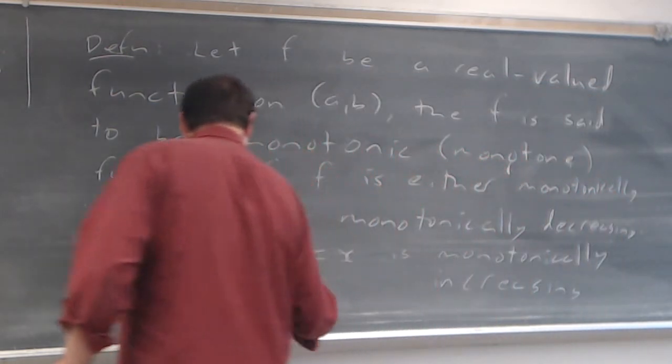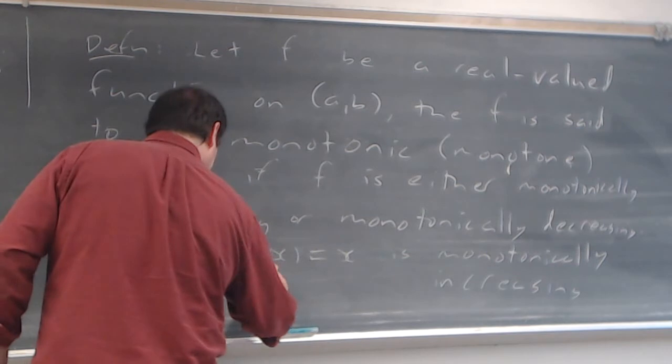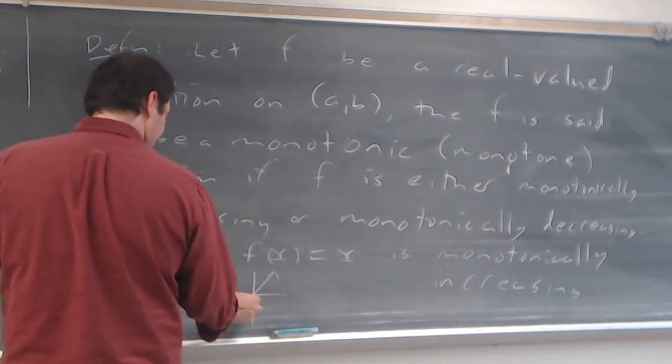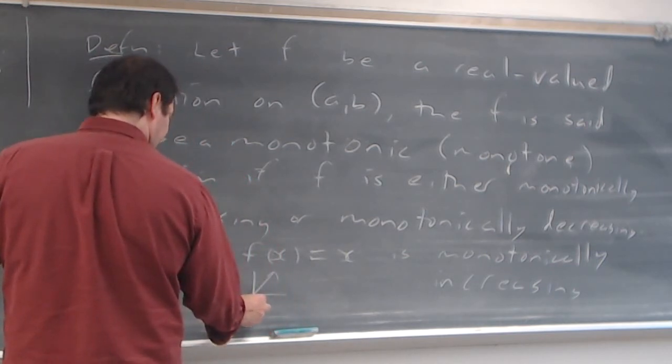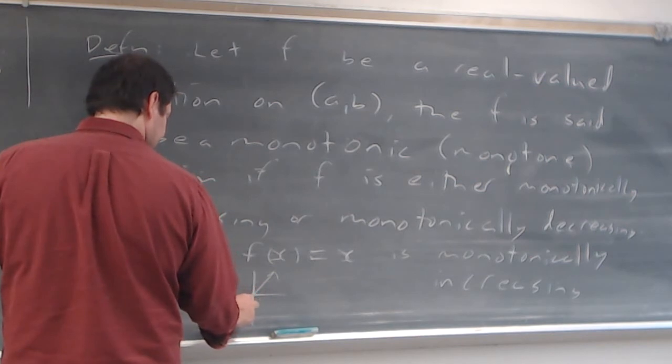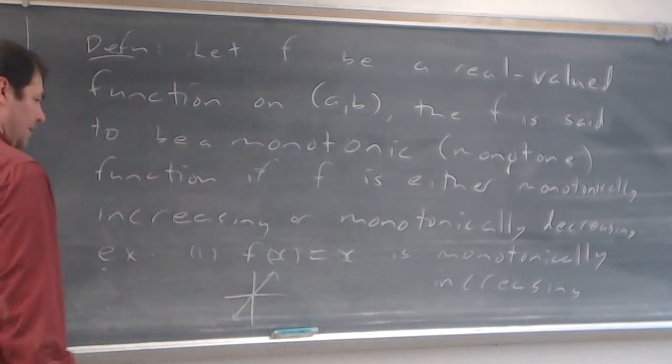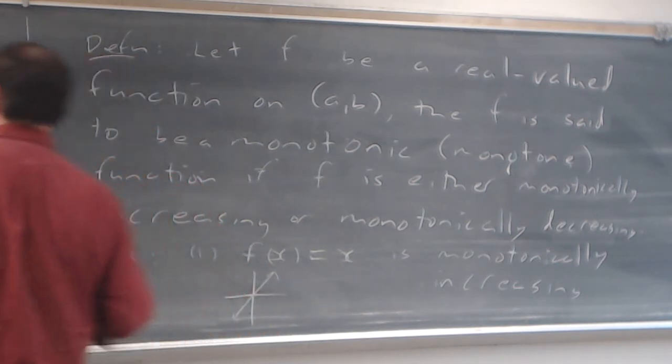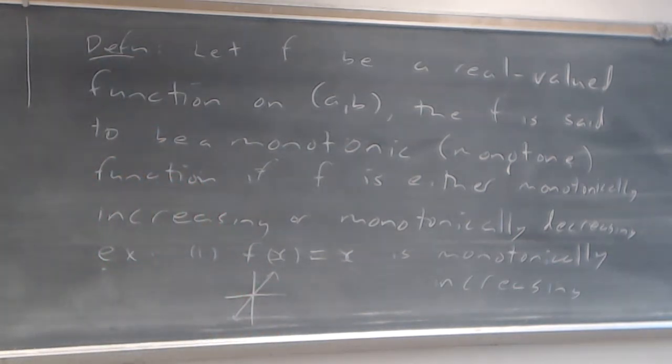It is this diagonal looking function, and if you take any x value bigger than y, what happens is the output value for x is going to be bigger than the output value for y. As you read from left to right, the graph's going up. Well, the graph's not going down, let's say that. That's what it means to be monotonically increasing. It could be staying the same. It's less than or equal to.